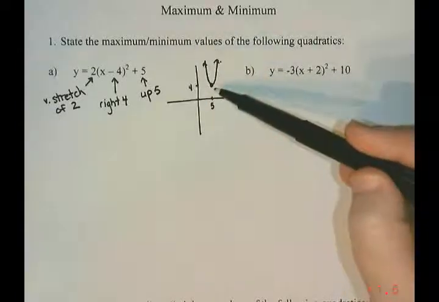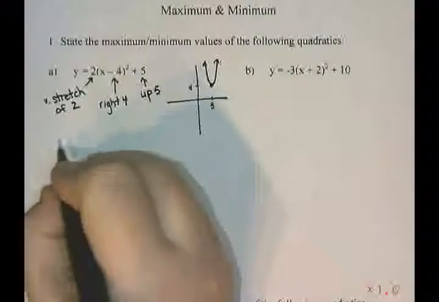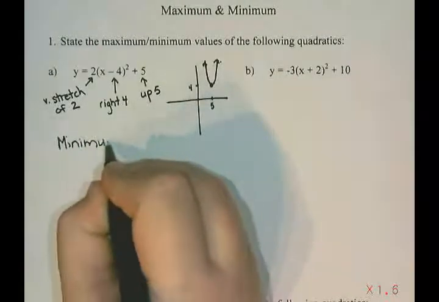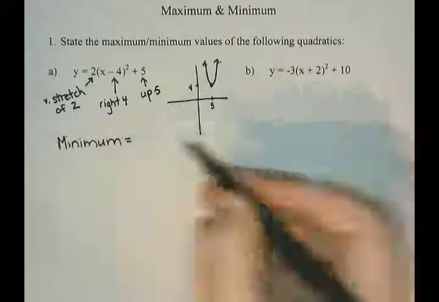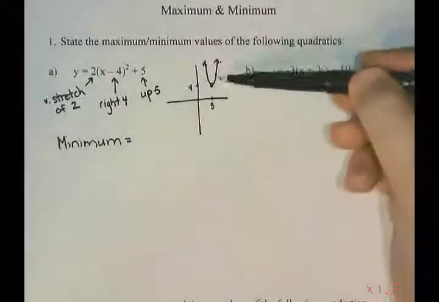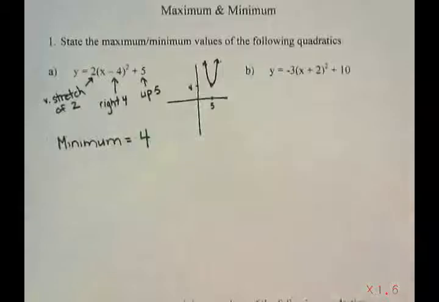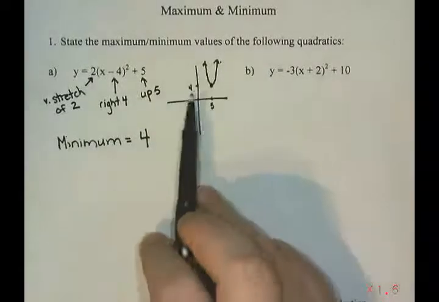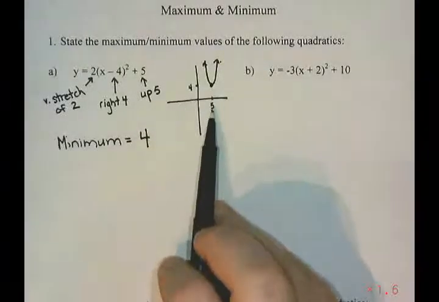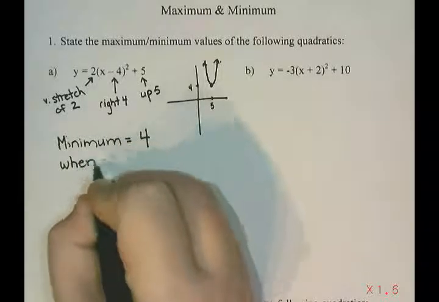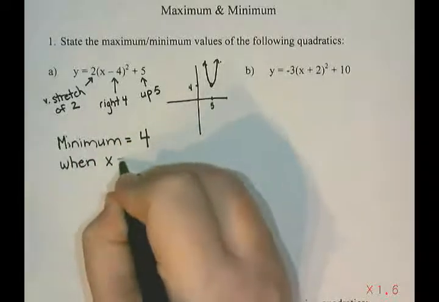Well, it has a lowest point down here at the vertex, so I would say that this has a minimum. And the minimum value would be a y value, so it has a minimum of 5. Now we go a little further and say it has a minimum of 5 when x equals 4, just so we know where it is on the graph when it happens.